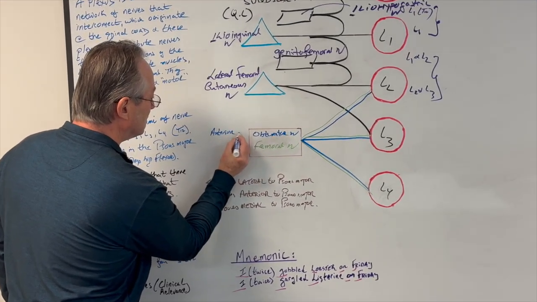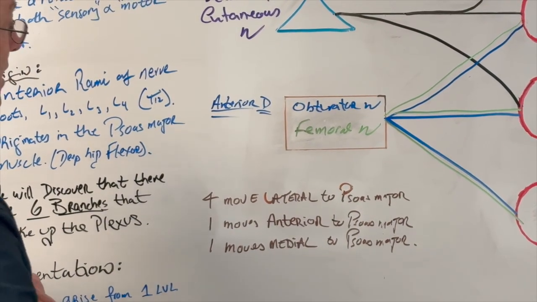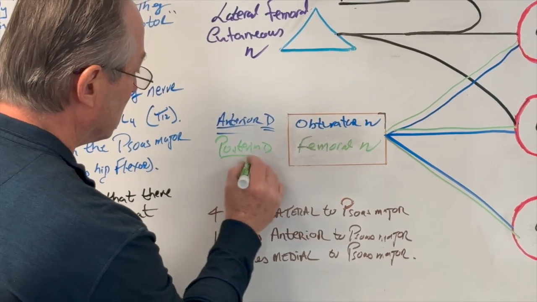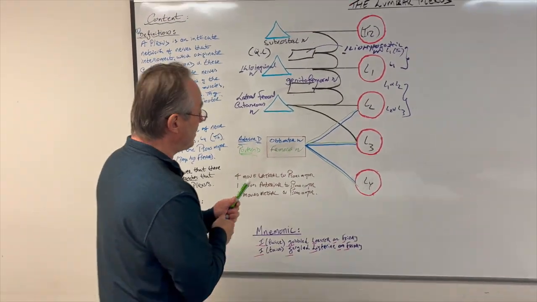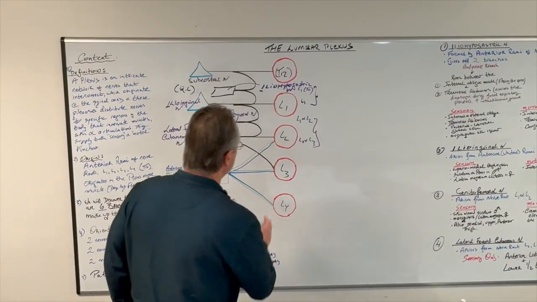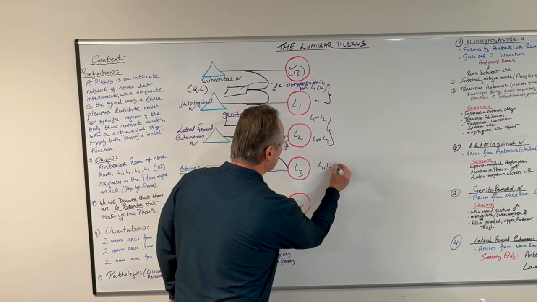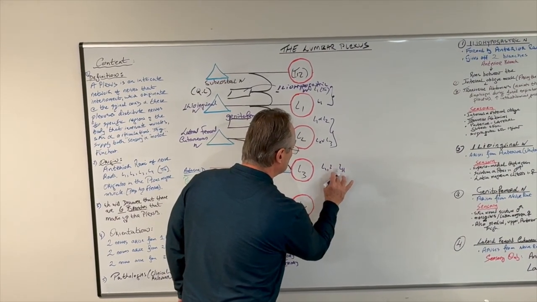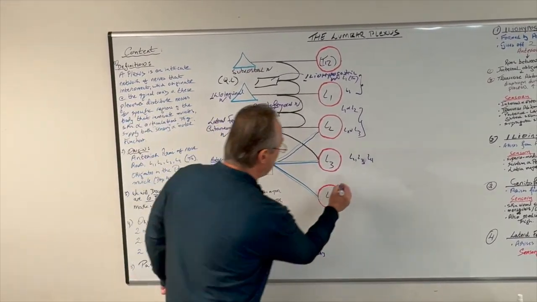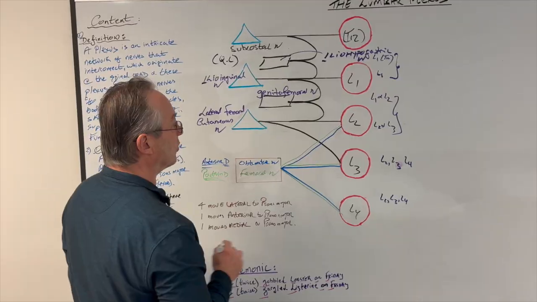Okay? Now, they both come from root levels L2, L3, L4, but the obturator nerve comes from the anterior division, and the femoral nerve comes from the posterior division. And we see here, let me get the purple again, that we have L2, L3, L4. So we have L2, L3, and L4 for the obturator nerve, but we also have L2, L3, L4 for the femoral nerve.